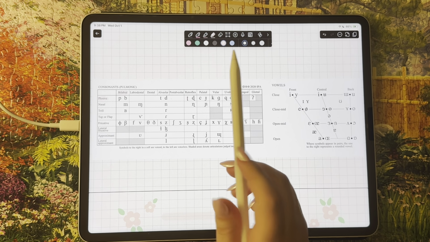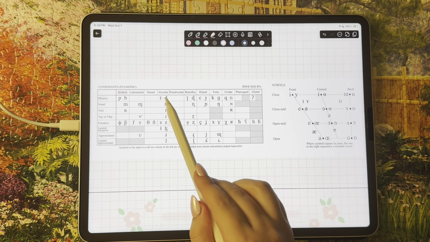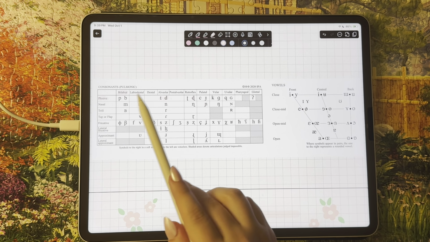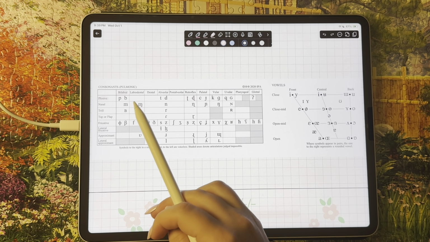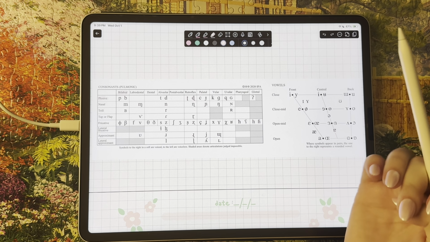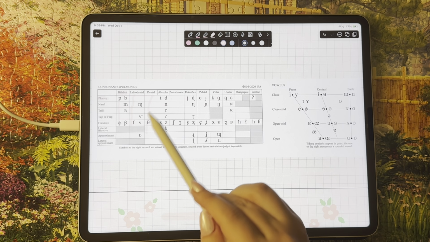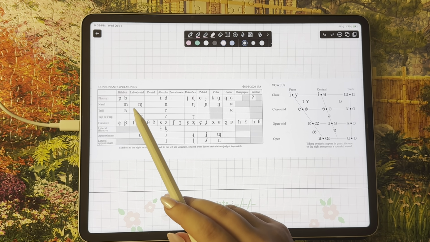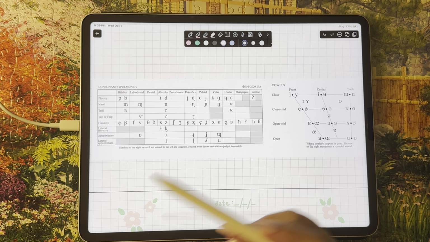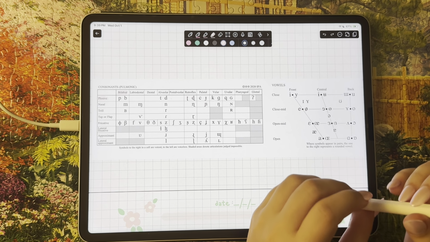The next ones are T and D. The difference between these, as well as P and B, is the voicing. The ones on the left are all voiceless or unvoiced consonants, so they do not require use of your vocal folds when producing.